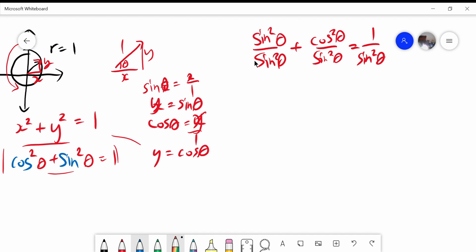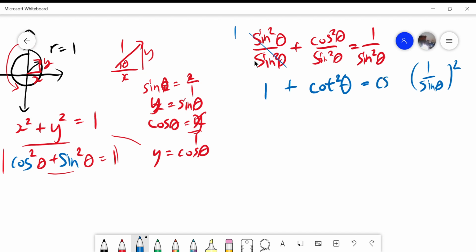And we see that this is 1 plus, this is the same as saying cotangent squared of theta, and that is equal to 1 over sine squared, and we know that 1 over sine is cosecant, which has a symbol like that.